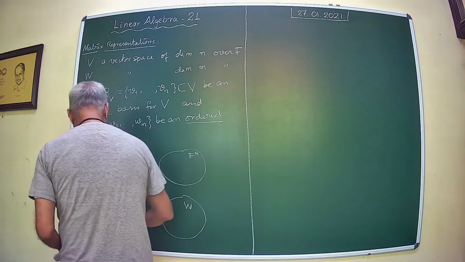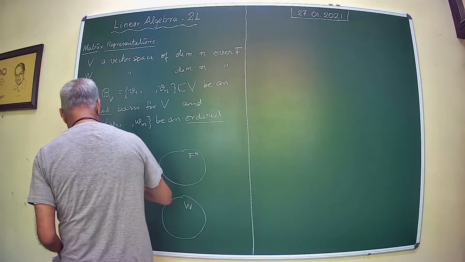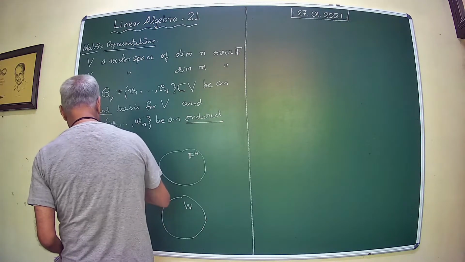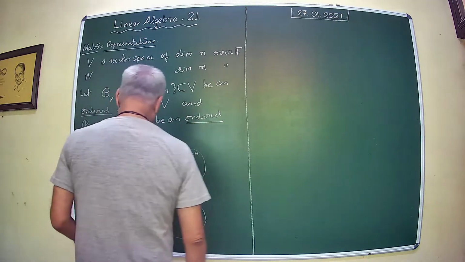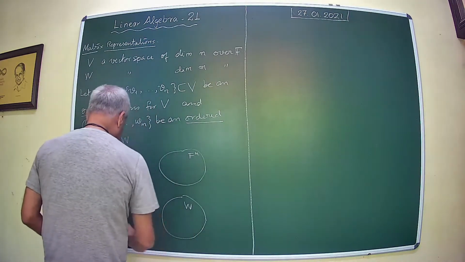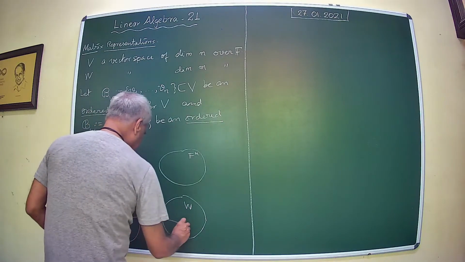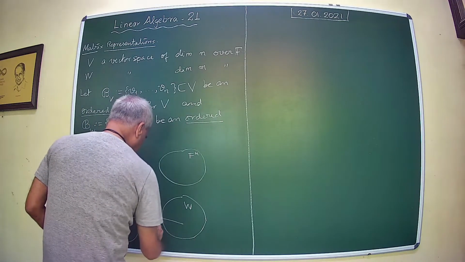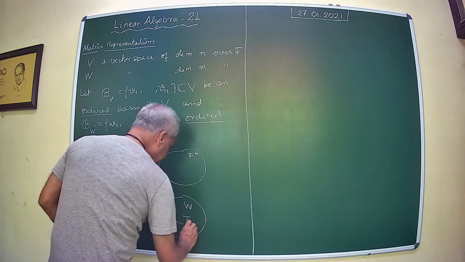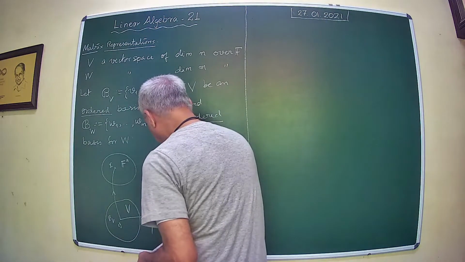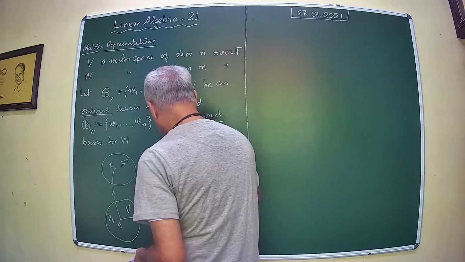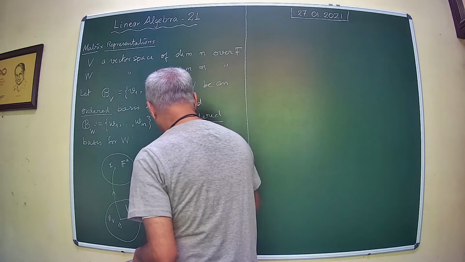You take a vector v, which is mapped to some vector x, and then T maps v to w. Now this is mapped to some y.